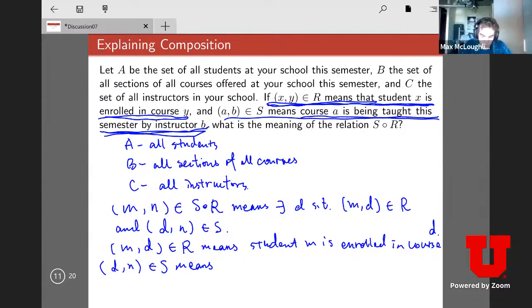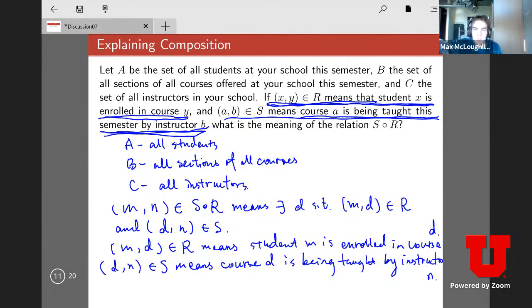It means that course D is being taught by instructor N. Yep, exactly. Course D is being taught by instructor N.